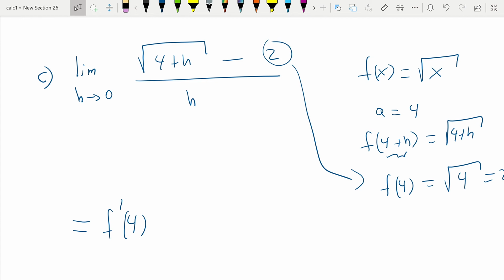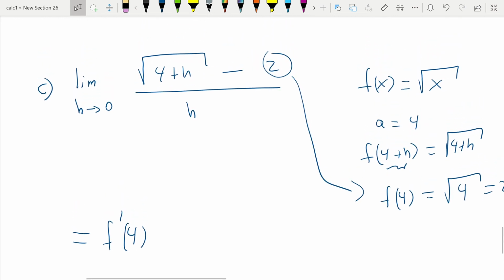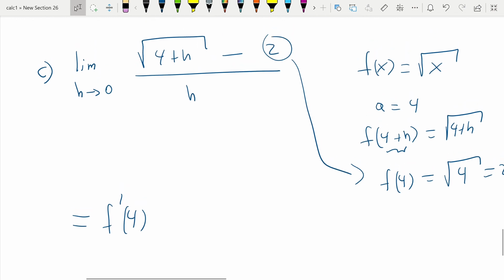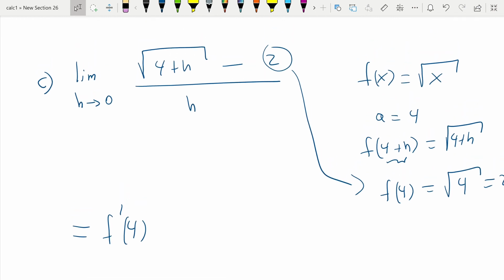So whenever you add a constant to a function, it gives you the same derivative. But for now, this is just about recognizing that some limit is a derivative of a known function. And you may be asked in, say, a multiple choice question: is this the derivative of square root of x at 4? And the answer should be yes.